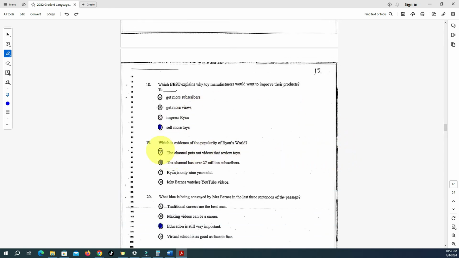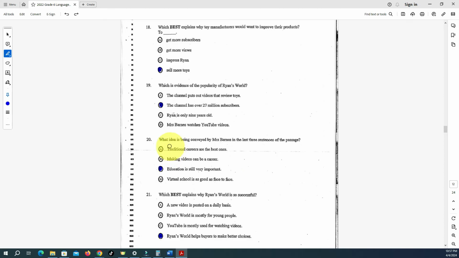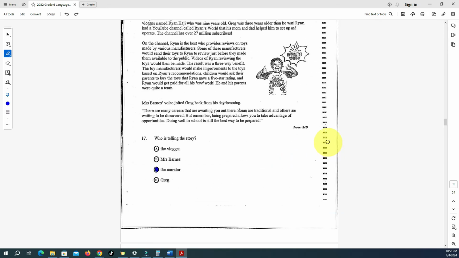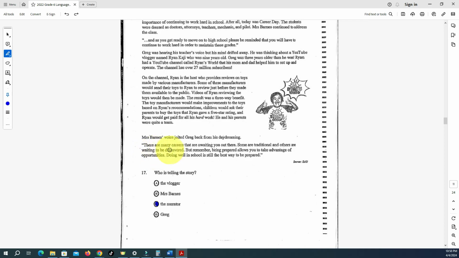All right, 19. Which is evidence of the popularity of Ryan's World? I chose the channel has over 27 million subscribers, so that's definitely showing that it's popular, right? What idea is being conveyed by Mrs. Barnes in the last 3 sentences of the passage? So the last 3 sentences would be there are many careers.